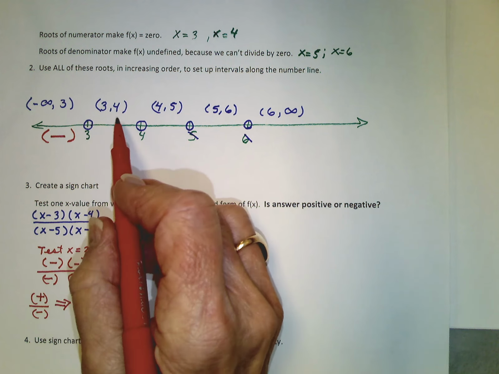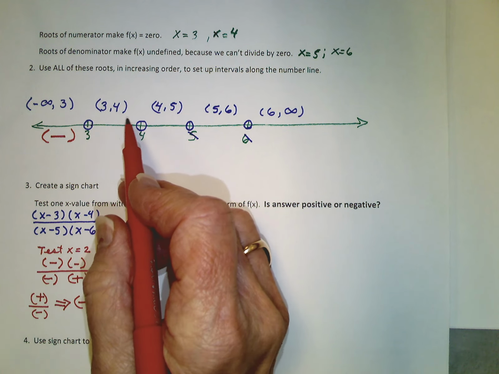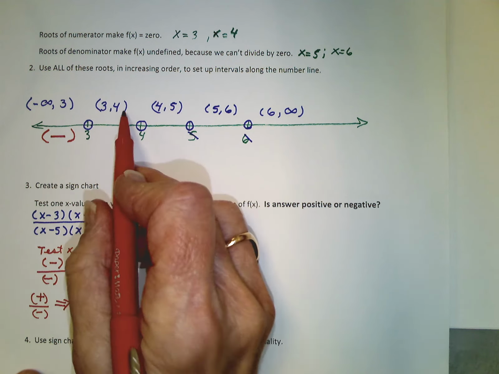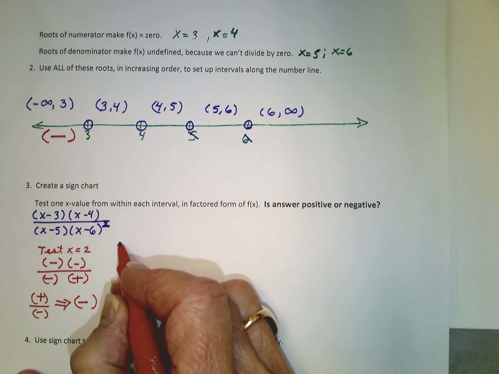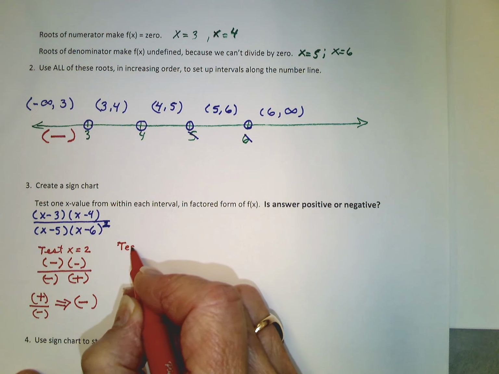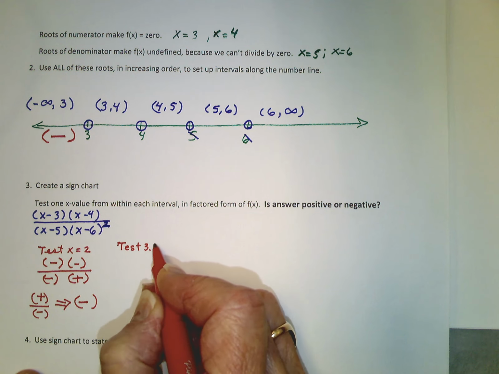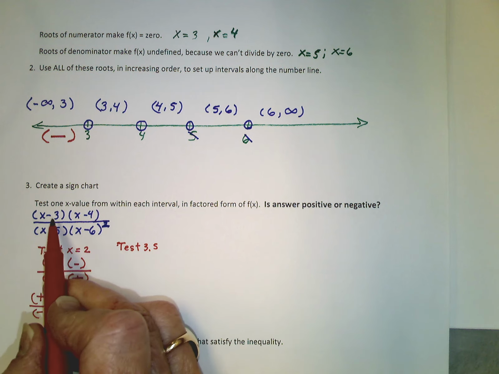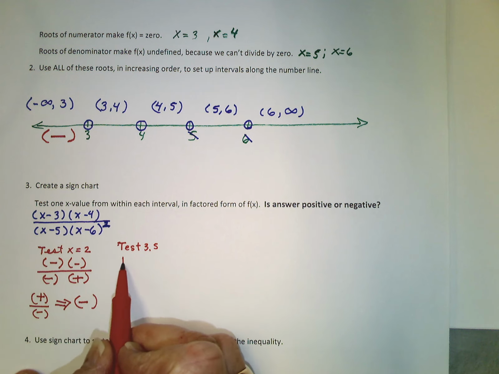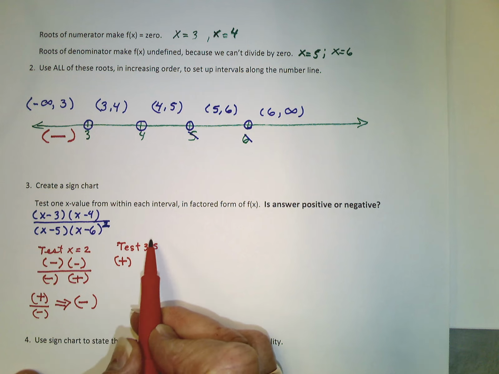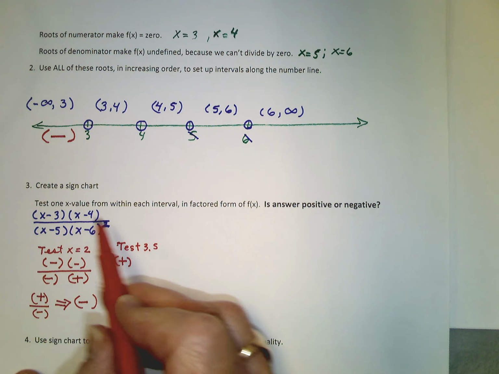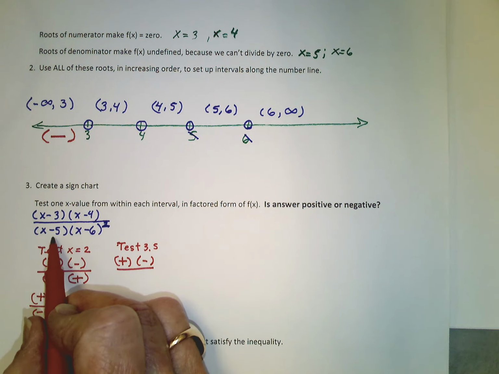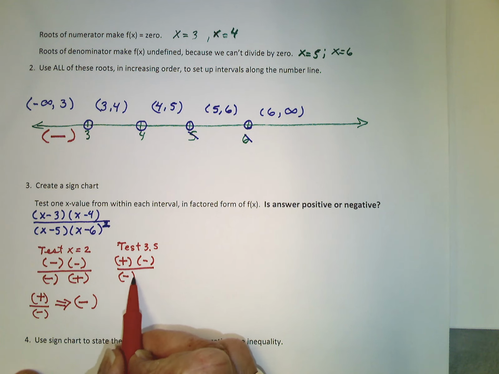Moving on to the next interval. This is not hard, but it does get tedious. We need to pick a number between 3 and 4. I am just going to choose 3.5. Going to put a 3.5 in here for x. That's going to come out positive. 3.5 for this x is going to come out negative. 3.5 here is going to come out negative.